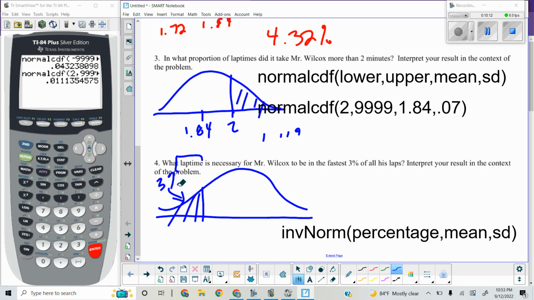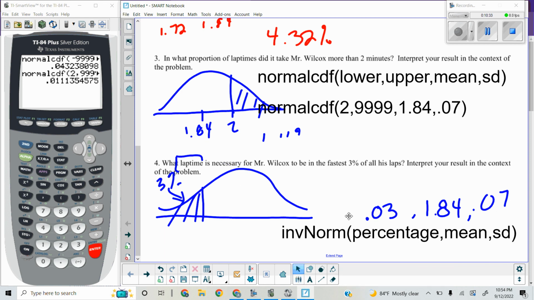So for our percentage, we put it in as a decimal, so that 0.03. We're still working with that same mean. And then our standard deviation is still that 0.07. So this is similar to your table A, where it will always show everything below. So if we did want anything above, we'd have to do that subtraction.